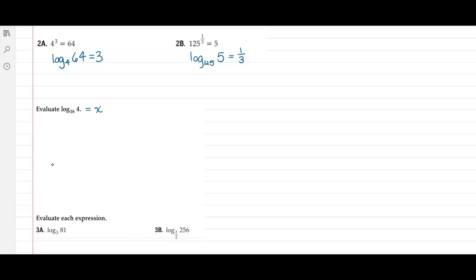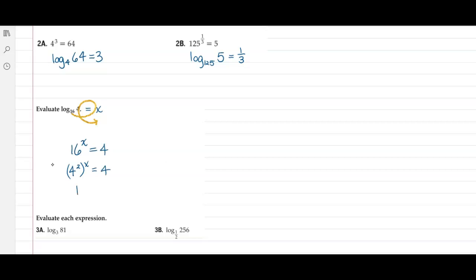It's in logarithmic form, so I'm going to convert it to exponential form. I'm going to say 16 to the x equals 4. And now, it's just like I'm back in step 19, finding a common base. I'm going to express 16 as 4 squared.